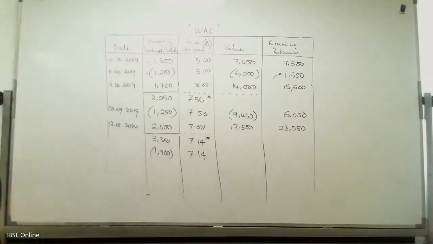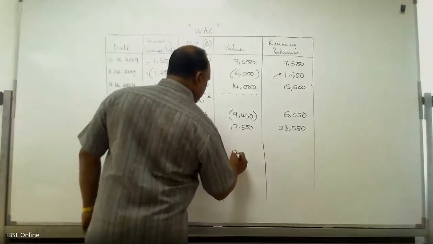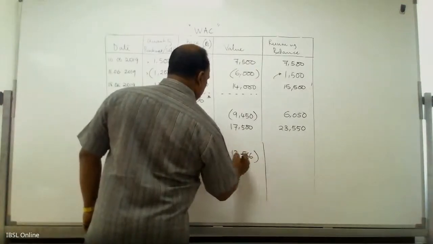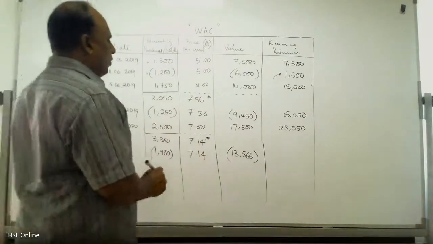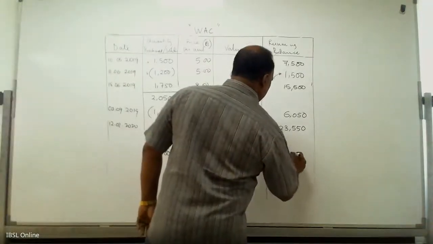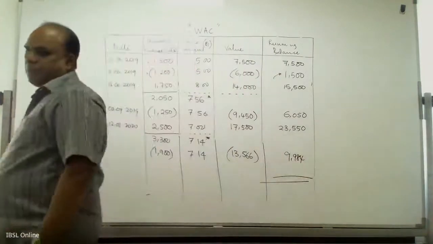So that comes up to 13,566. So your closing stock value will be 9,984.